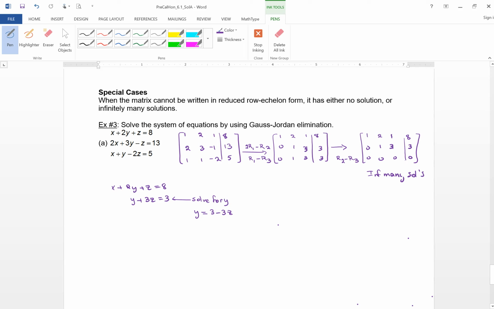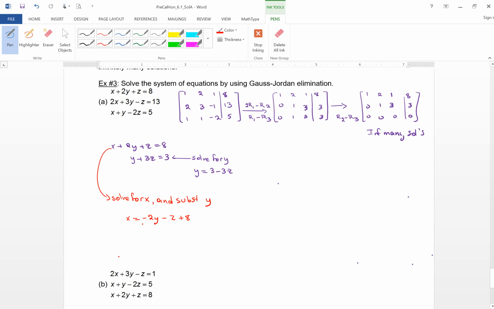And now we're going to solve the first equation for x and substitute y. So here's what we're going to do. x equals negative 2y minus z plus 8. But how much is y? 3 minus 3z.